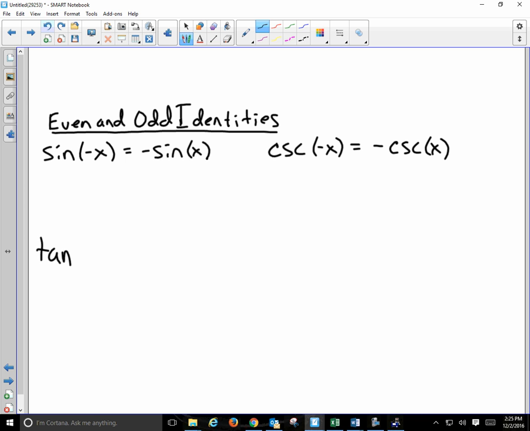If we have tangent of negative x, we also move the negative out front. It's actually already on your note sheet. And I'll show you guys where.